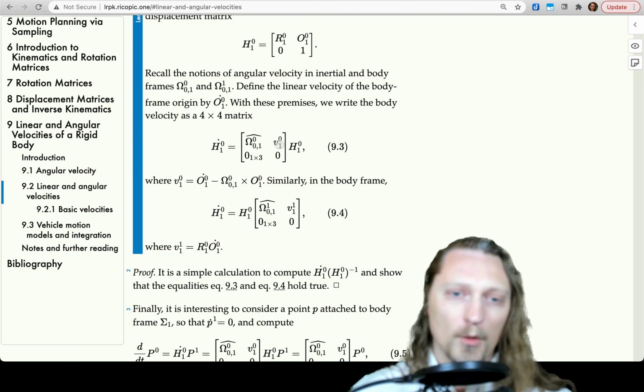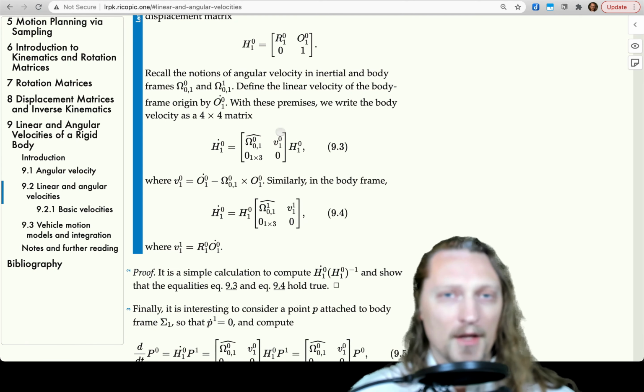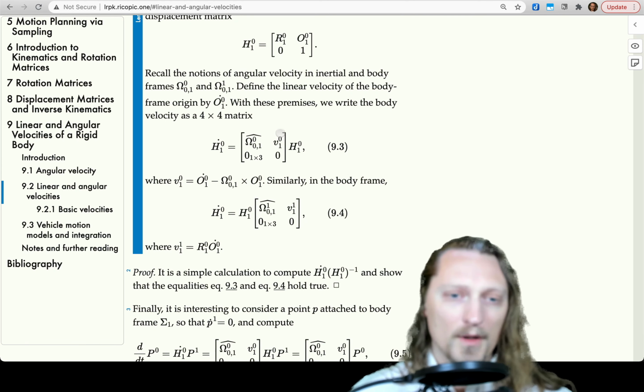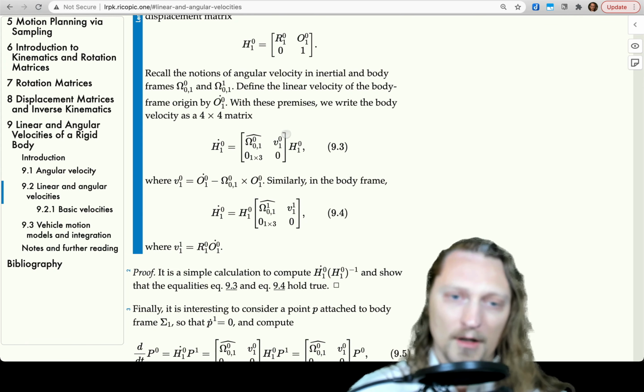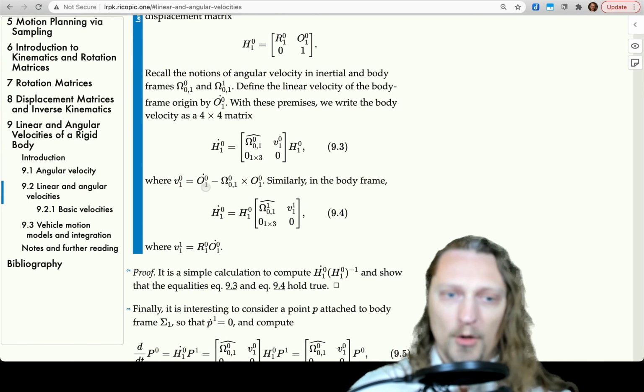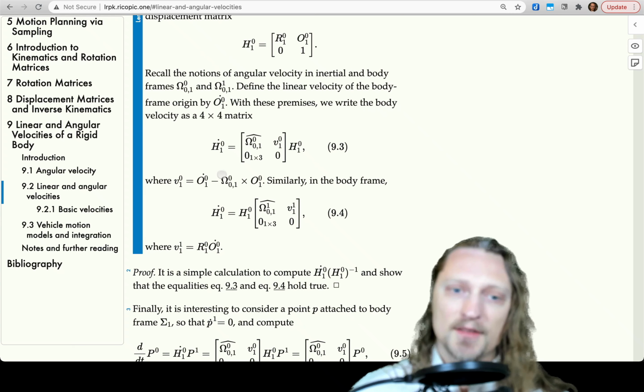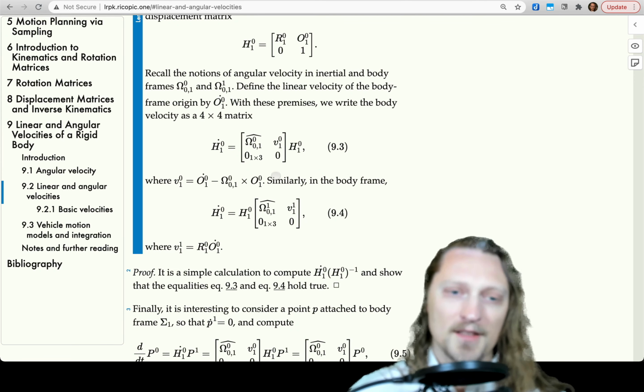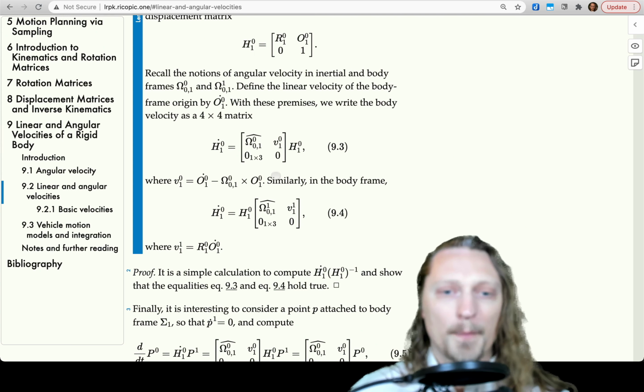So the origin transformation is inside this V10. That's 9.3. V10, this translation component, is O10 dot minus omega 010 cross O10. That's the velocity of 1 with respect to 0.